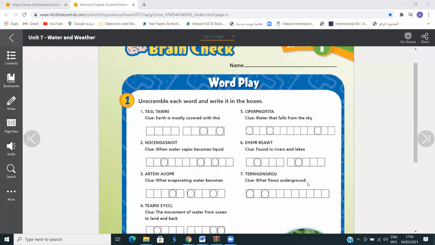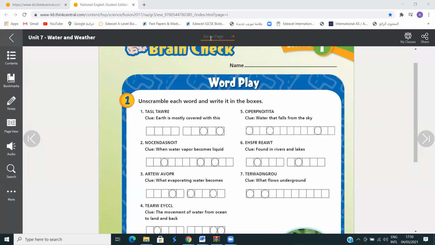It is groundwater. Water underground is called groundwater. I said this to you. Okay, thanks.